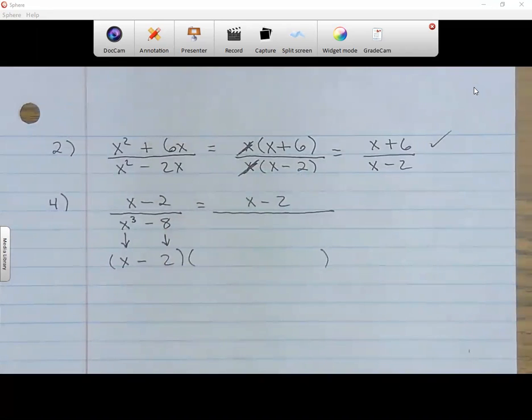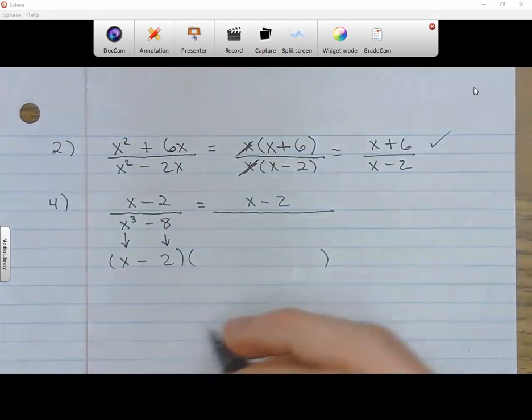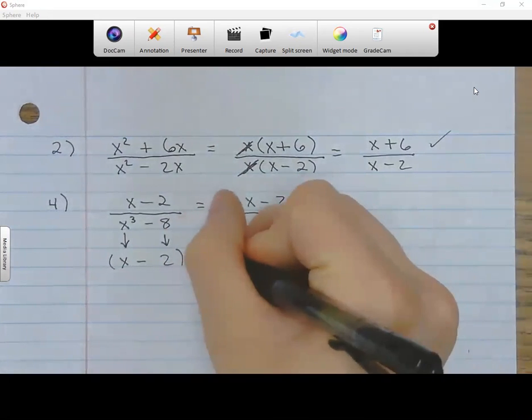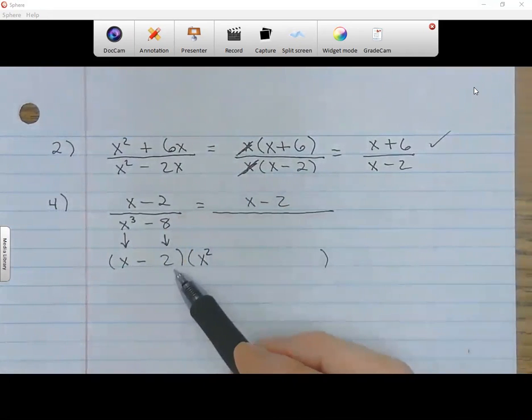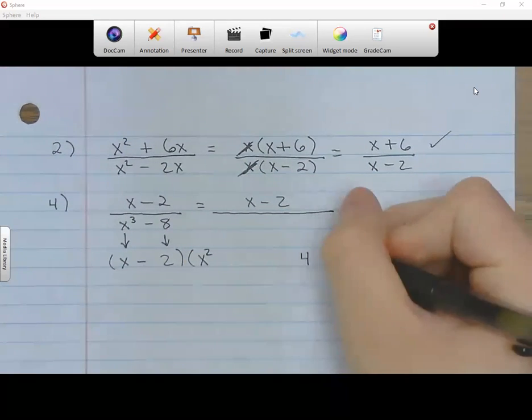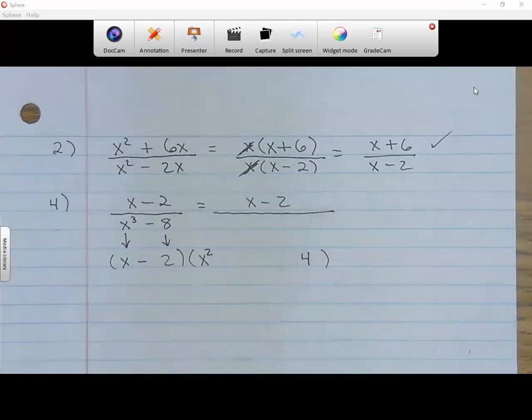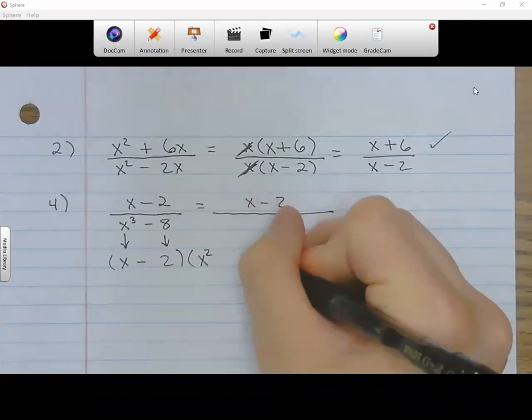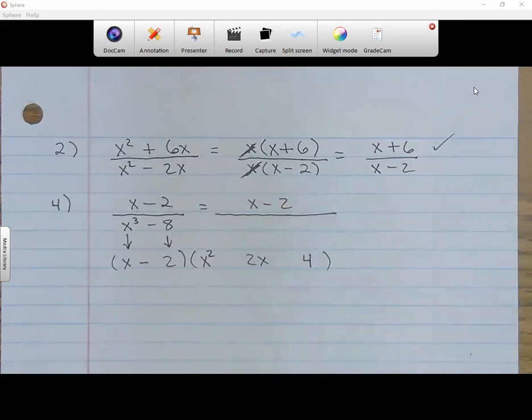All right, so the long factor, I start squaring things. So if I square x, I get x squared. If I square the 2, I get 2 times 2, that's 4, right? And now in the middle, I multiply the two parts together. So what's 2 times x going to give me? 2x. And then lastly, SOAP comes in.